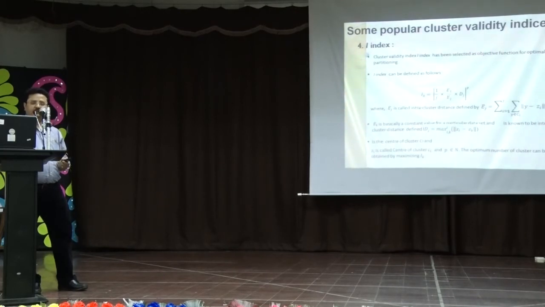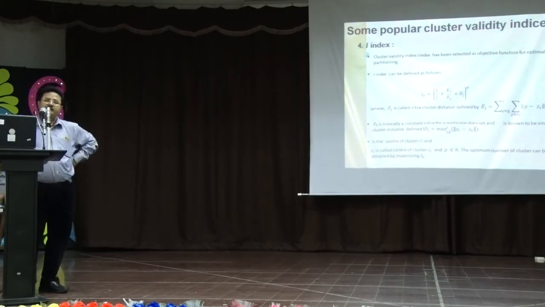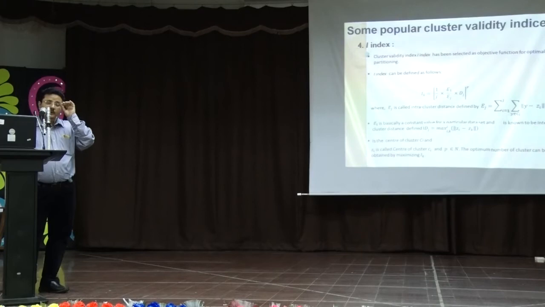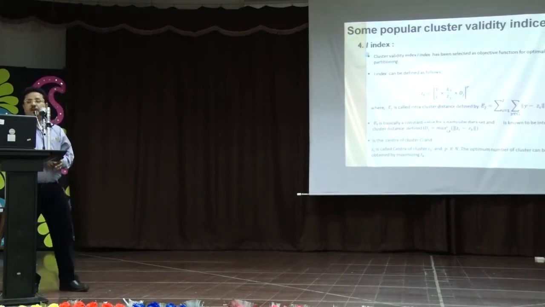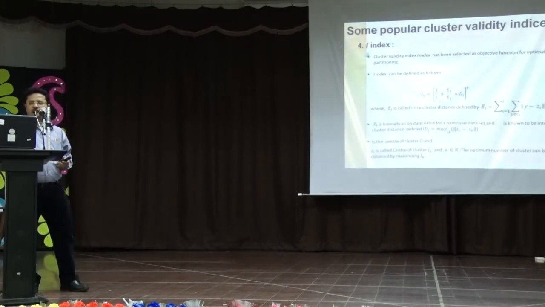And then the I index, another type of cluster validity index, where you can determine whether a cluster is valid or not depending on this particular mathematics. I am not going into the detail of the mathematics. It takes into account both the intra-cluster and inter-cluster similarity in different forms.